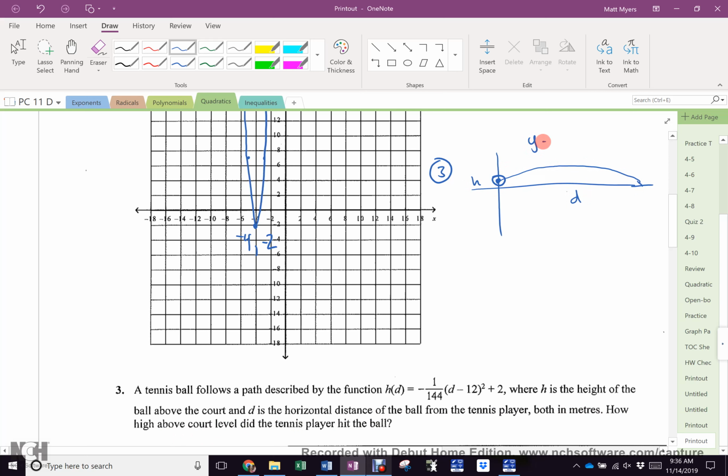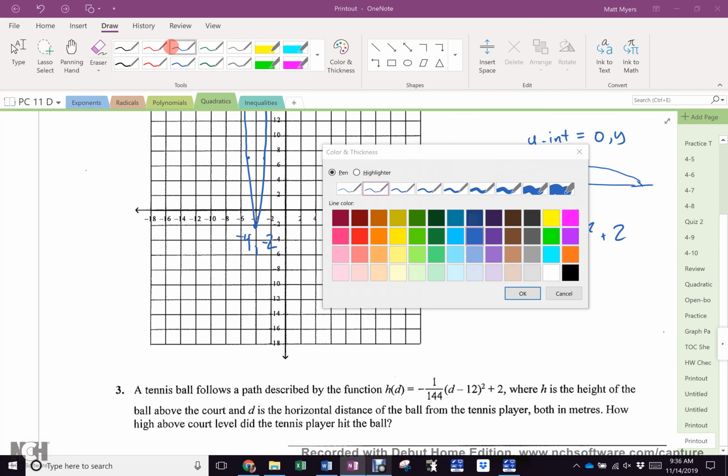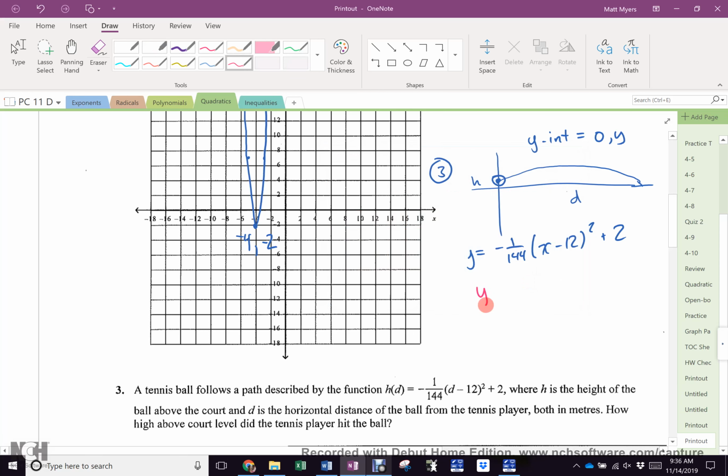That is the y-intercept. Every single y-intercept is (0, y). So y equals negative 1 over 144 times (x minus 12) squared plus 2. X is 0. So y equals negative 1 over 144 times (0 minus 12) squared plus 2.